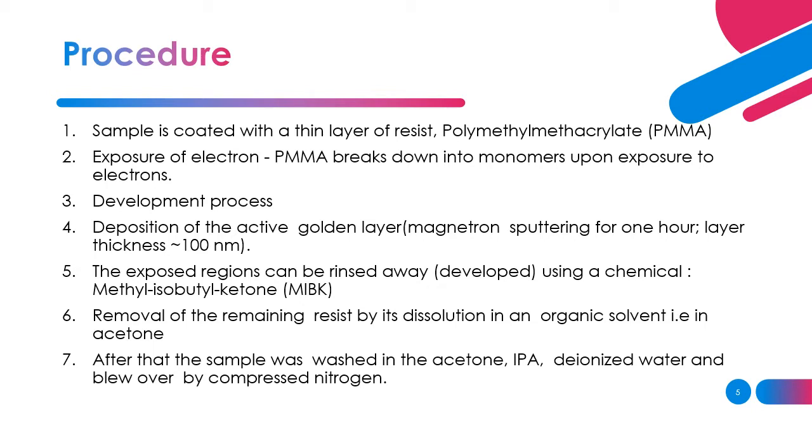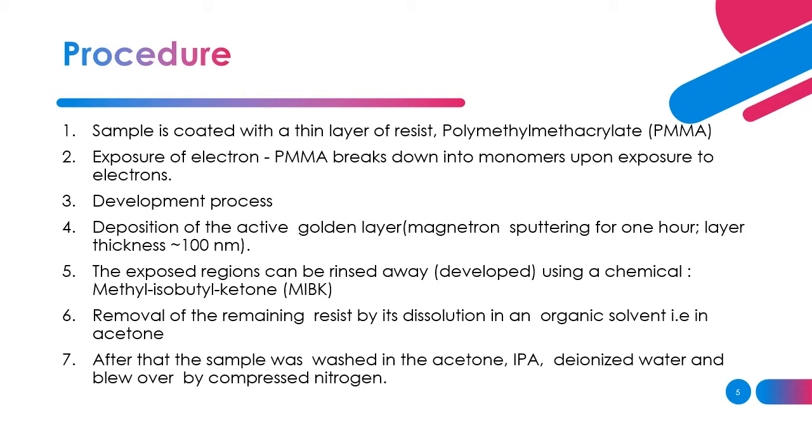After that, it goes to the development process, and then deposition of the active gold layer, which is around 100 nanometers. The exposed region can be rinsed away in the developing process using a chemical called MIBK, or methyl isobutyl ketone.